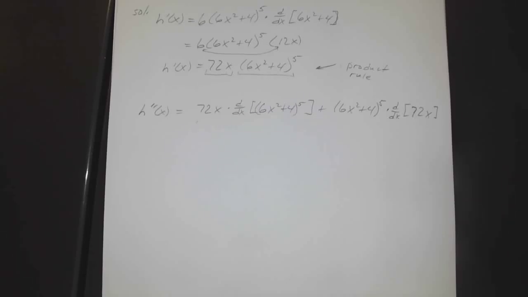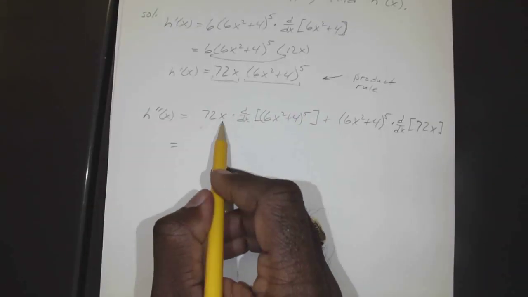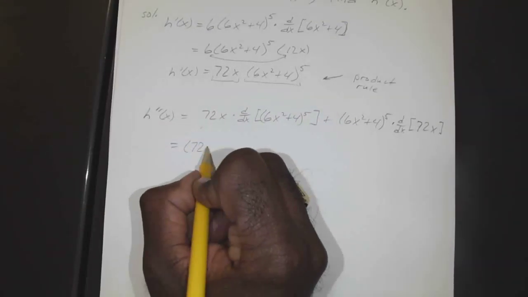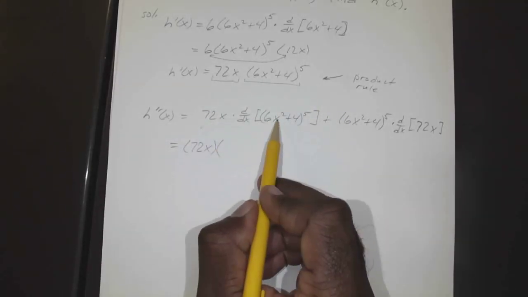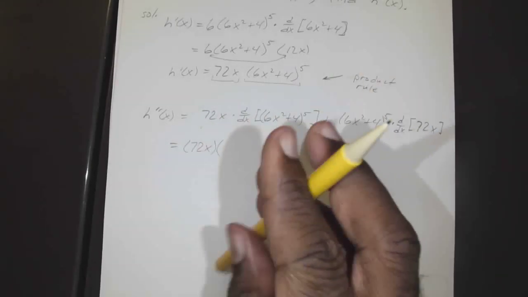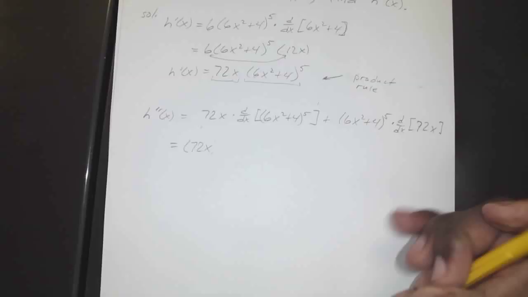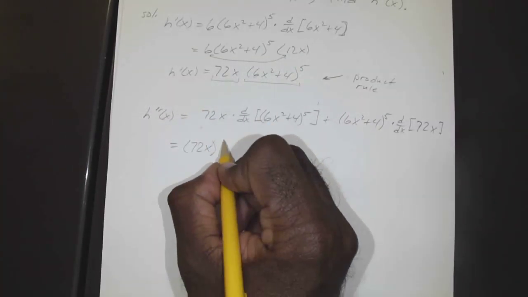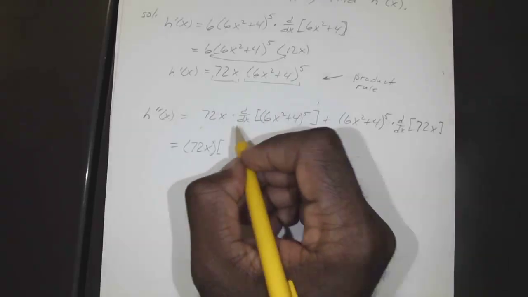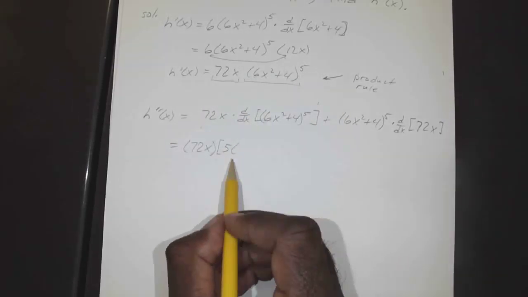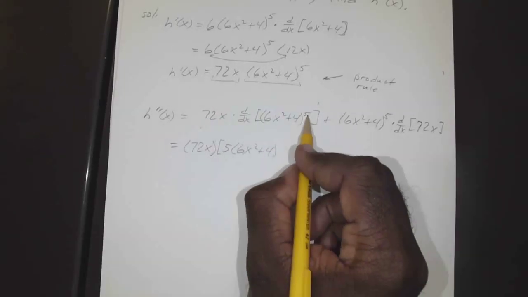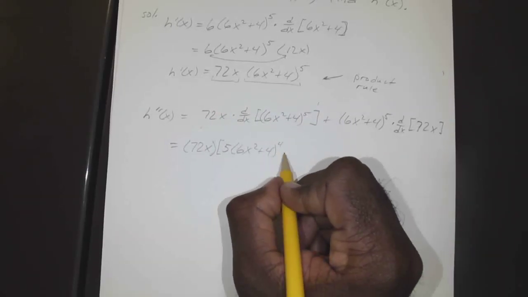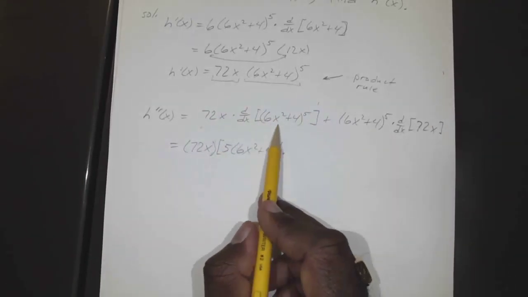All right, so that gives us 72x times the derivative of 6x squared plus 4 to the 5th. Let me make a bracket. So we bring down our 5 times 6x squared plus 4, then we subtract 1, times the derivative of what's inside.